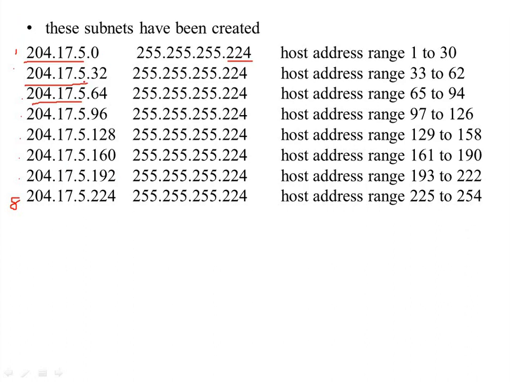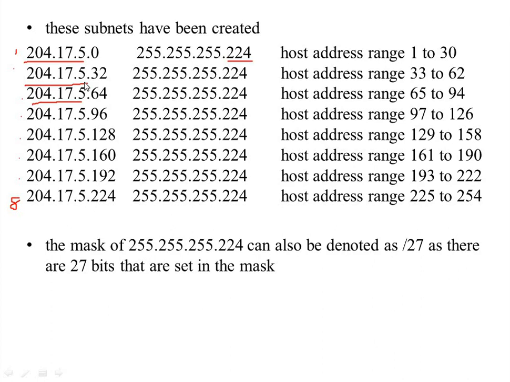So you can create such subnets with the help of extension of your natural mask. If you extend it by 3 bits, you can go for 8 logical networks or 8 subnets. If you extend it by 2 bits, then you can go for 4 networks. If you extend by 4 bits, then you can go for 16 networks, and so on.